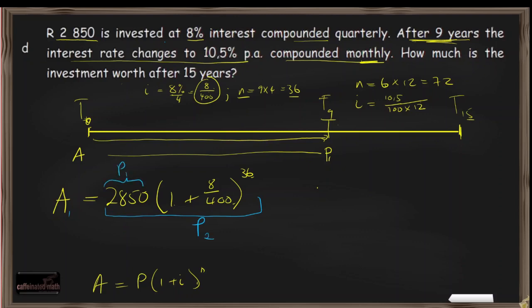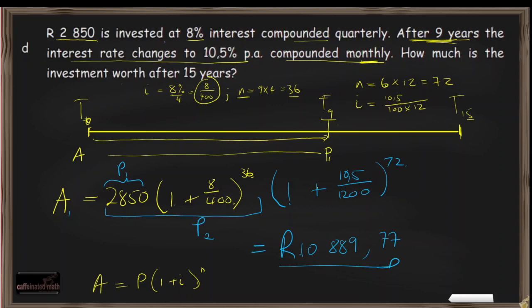This entire calculation gives us principal value 2, and that just needs to be multiplied in the new calculation as such. 1 plus, what's our interest rate, 10.5 over 1200. That needs to be raised to the power 72, which will give us a final value of 10,889 Rand and 77 cents. Okay, so one more time.